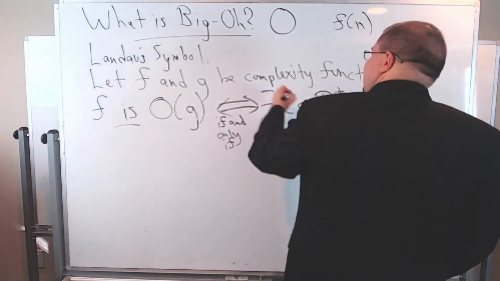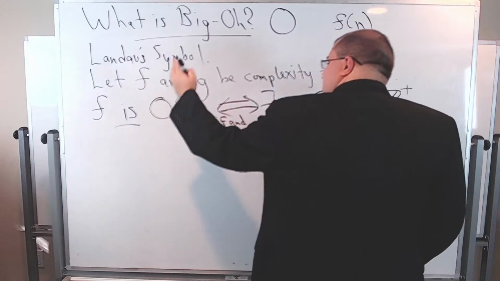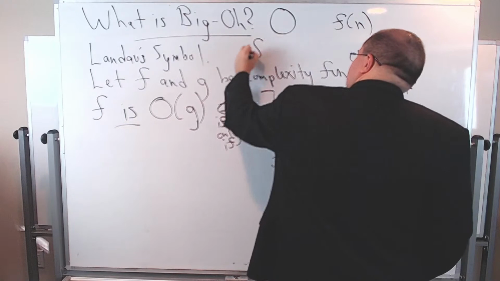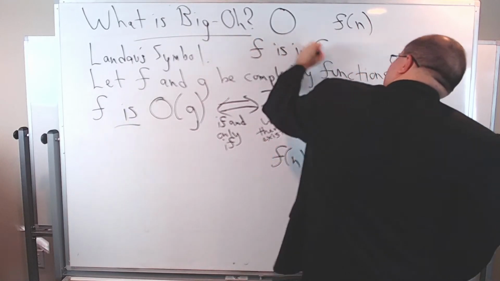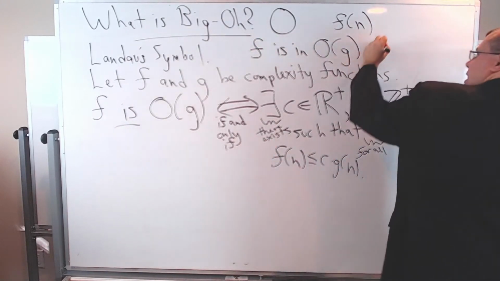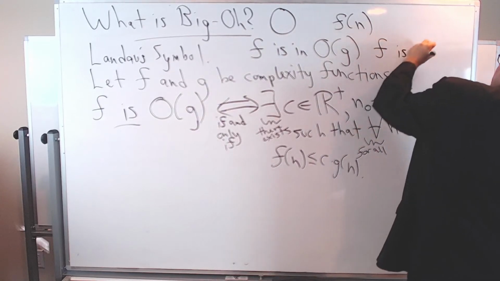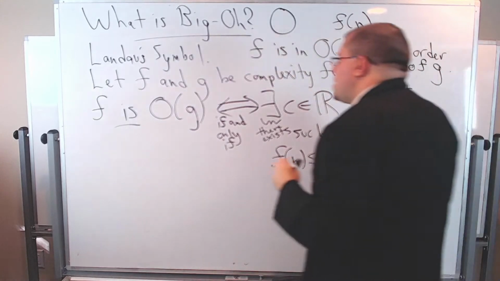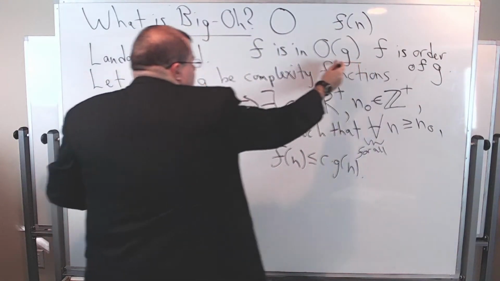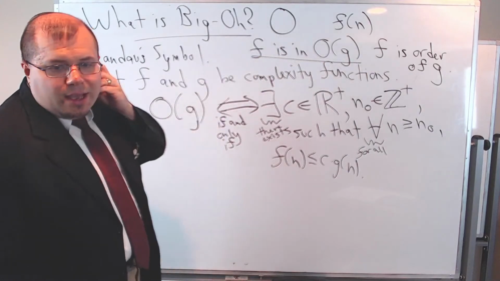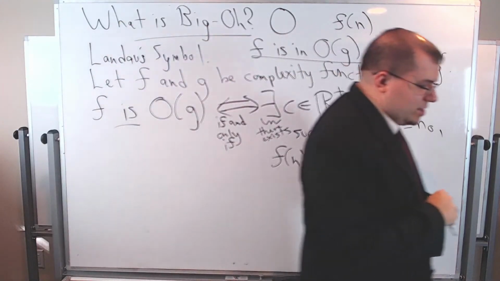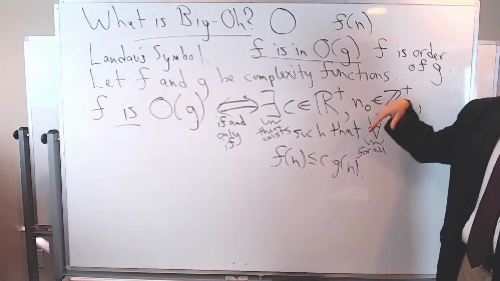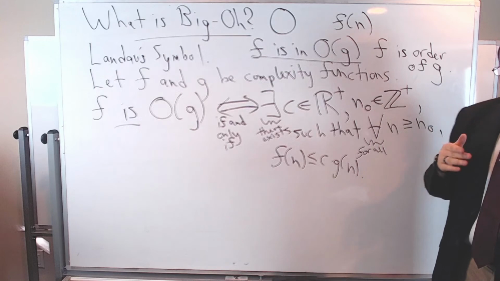When you say this, you'll say f is big O of g, or sometimes people say f is in big O of g, or f is order of g. I want to come back to what this means. A common misunderstanding of big O is that it's just some magic shorthand that you can use to simplify functions and talk about them in terms of their inputs.